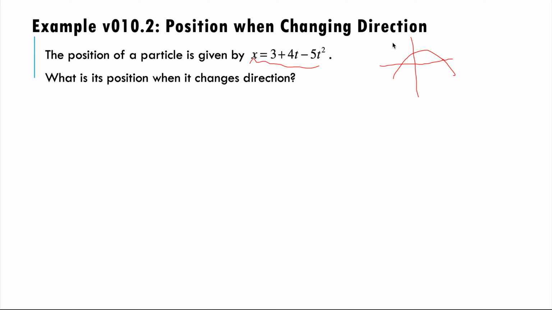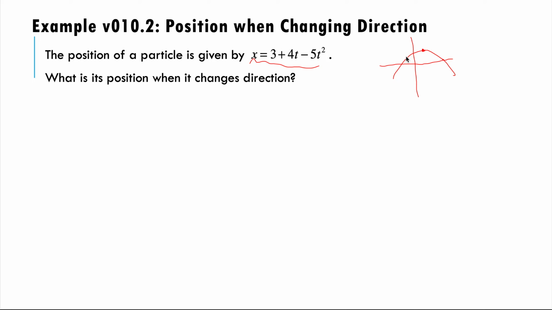We know that the position is going to go one way up here, and then it's going to go back down. So that means that at this point right here, that is when the object is changing directions.